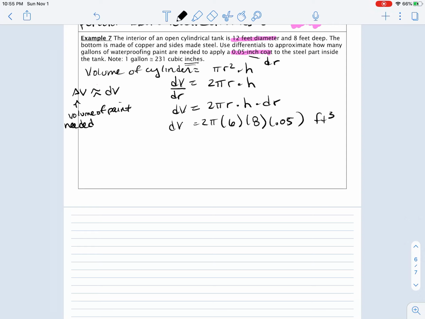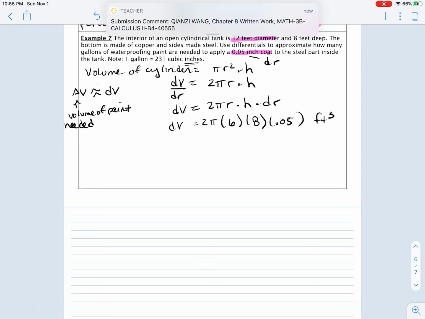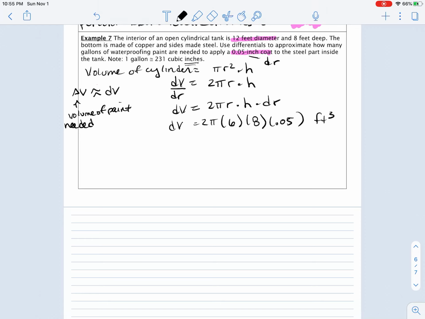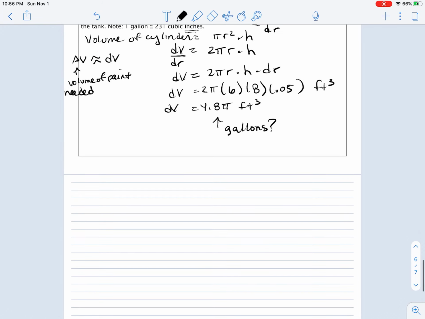So how do we actually get into cubic inches? Now we're getting into some dimensional analysis. So first, let's just simplify as much as we can here, and we will get 2 times 48 times 0.05, and we're going to get 4.8 pi cubic feet as our dV. That's how much we need, but we're going to try to see how many gallons.